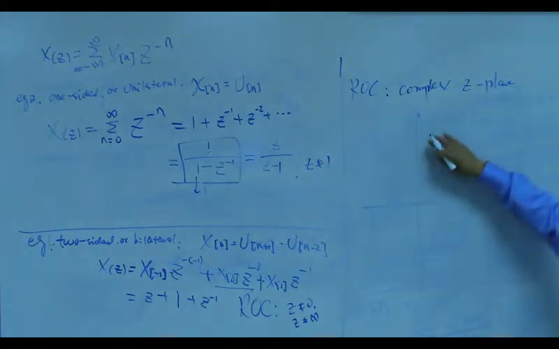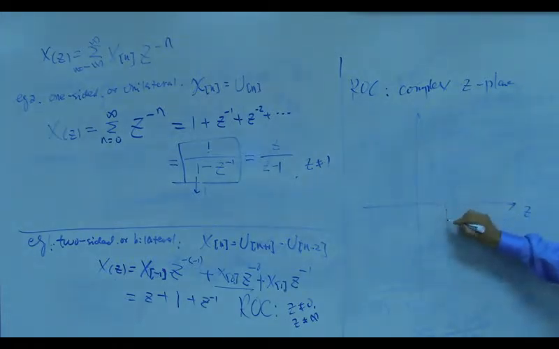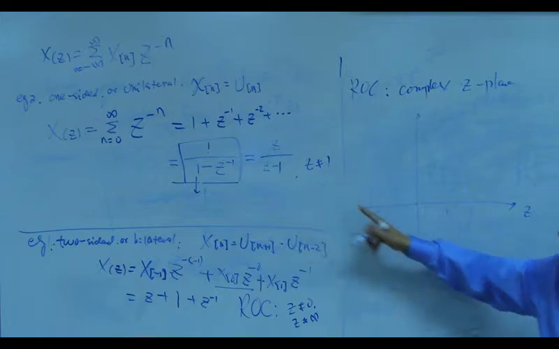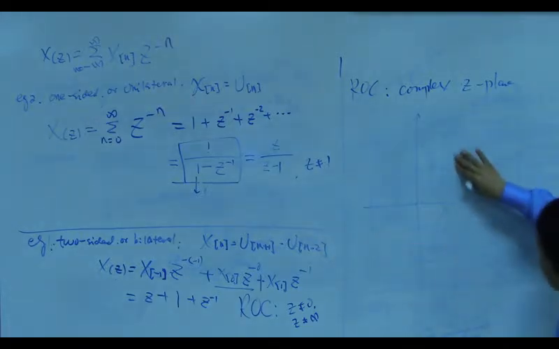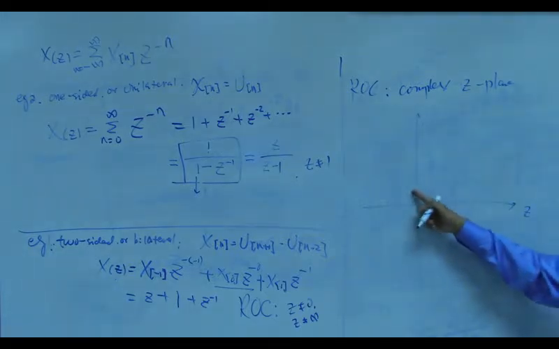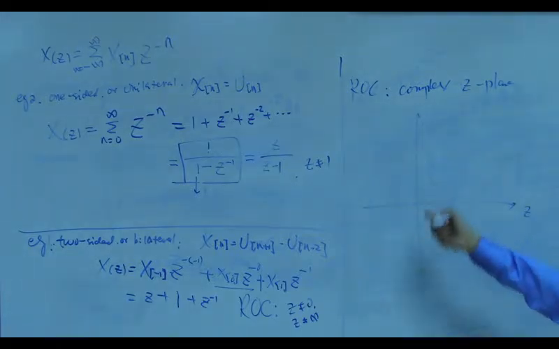If z equals 1, that means this is the unit circle. So the region of convergence for this one will be everywhere inside or outside, but cannot be on the unit circle. That's the region of convergence.